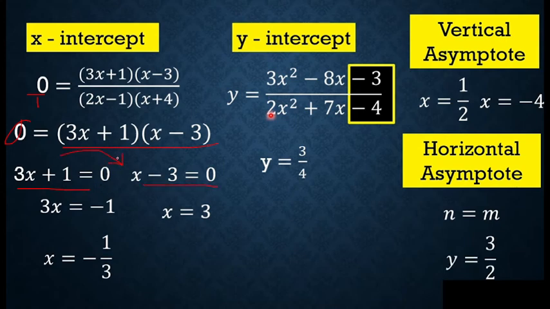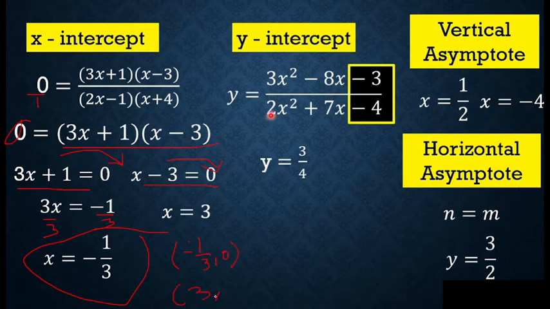Transpose the positive 1, so 3x equals negative 1. Divide by 3, so x equals negative 1/3. Then x minus 3 equals 0, transpose the negative 3 to the other side, so x equals 3.